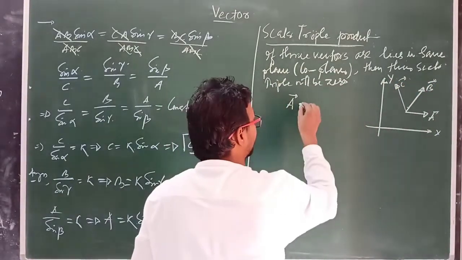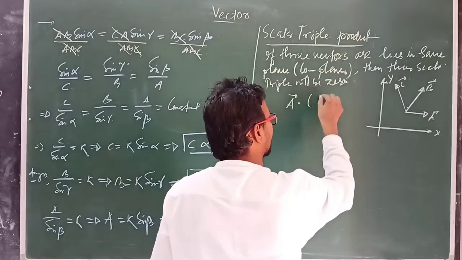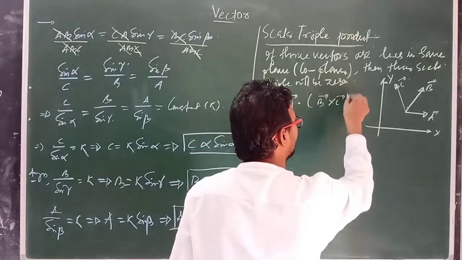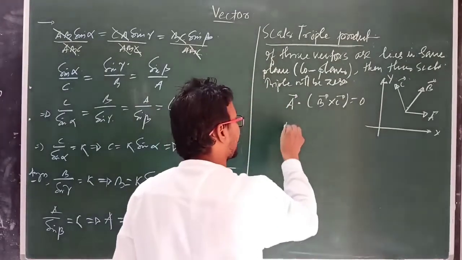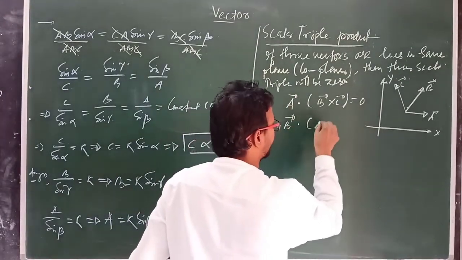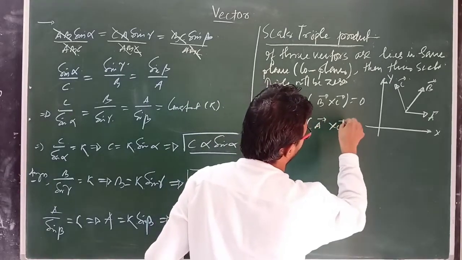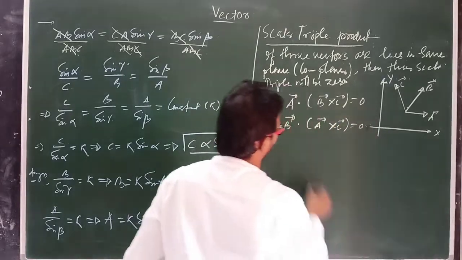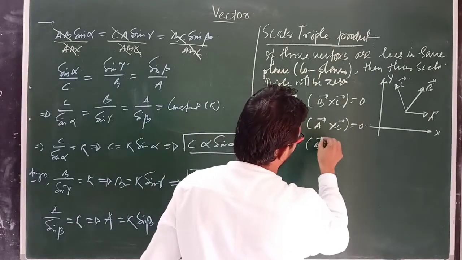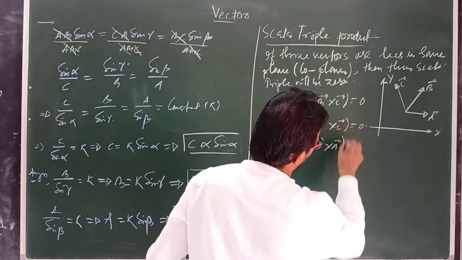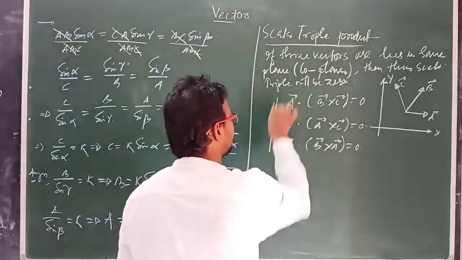So the scalar triple product, A dot B cross C, will be 0, or you can write B dot A cross C equal to 0, or C dot B cross A or A cross B will be equal to 0. This is known as scalar triple product.